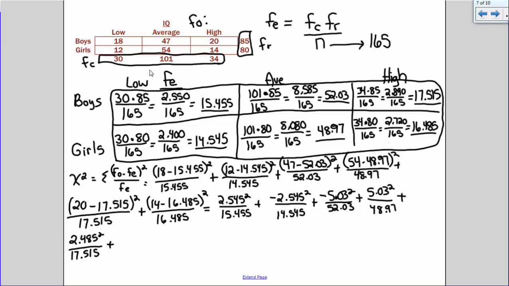Finally, negative 2.485 squared divided by 16.485.